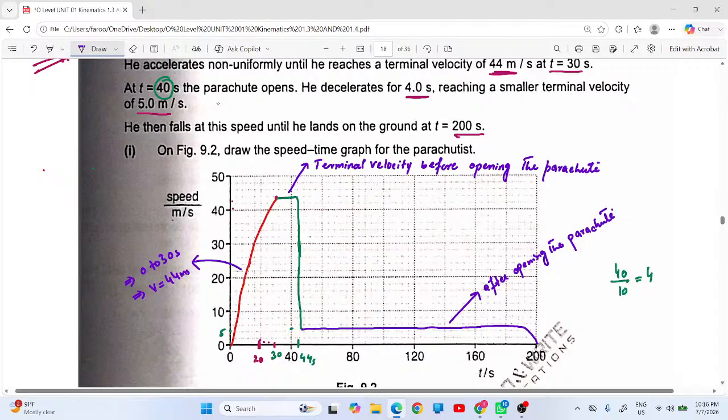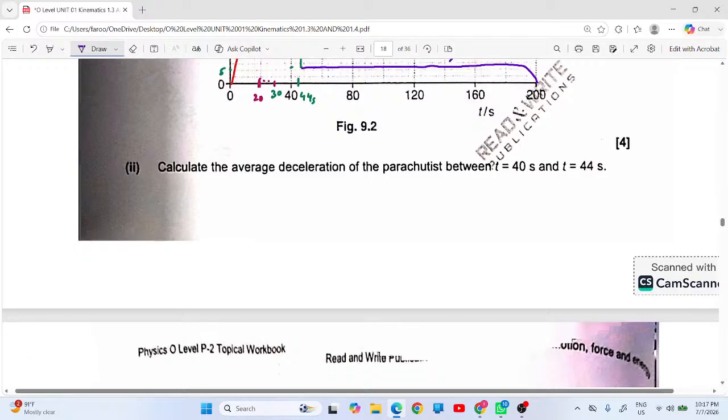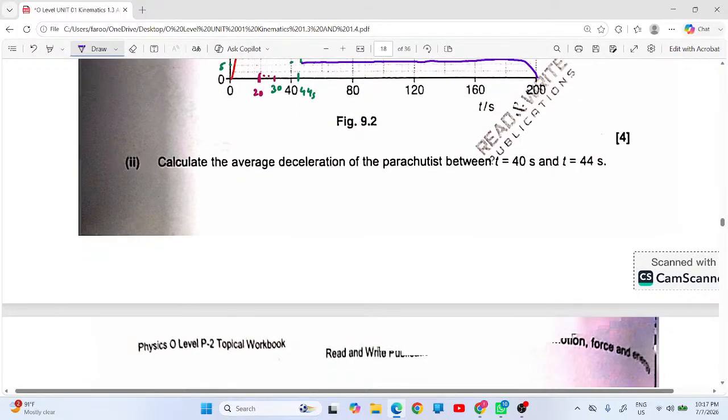Calculate the average acceleration of the parachute between 40 second to 44 second. You have to find the average acceleration, a equals v minus u over t. The final speed is 5.